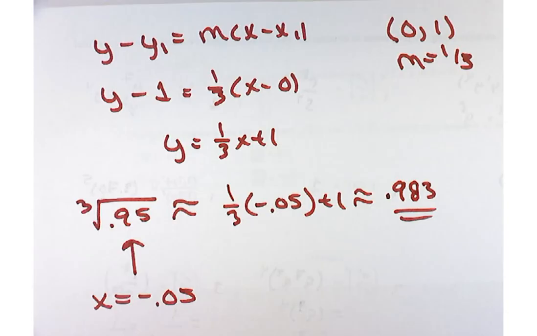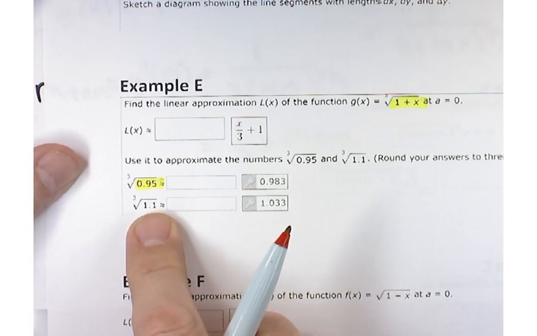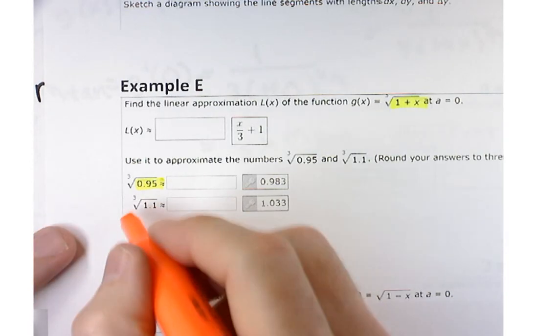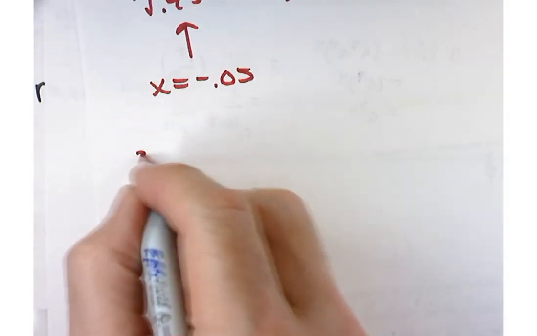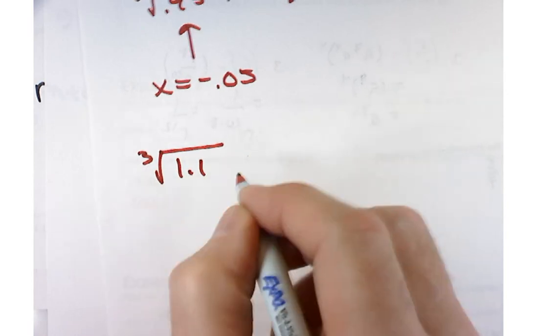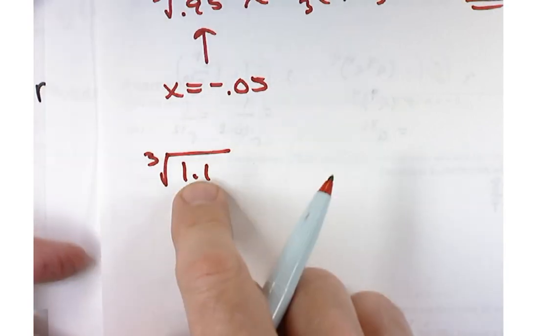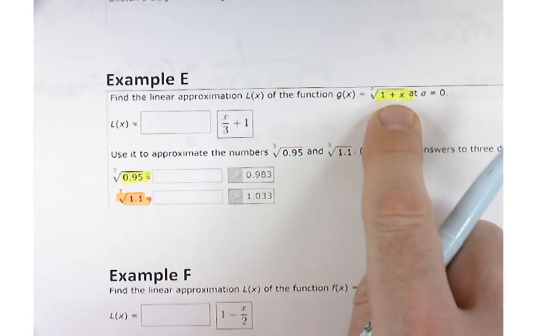How about the other one? The last part of this problem and the last part of this section. This time we want to approximate the cube root of 1.1. So, all right, let's do that. Now I need to figure out what x is again. Keep in mind that what's underneath the radical comes from 1 plus x.